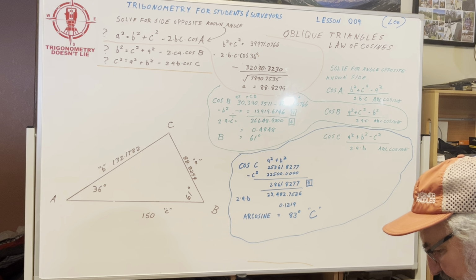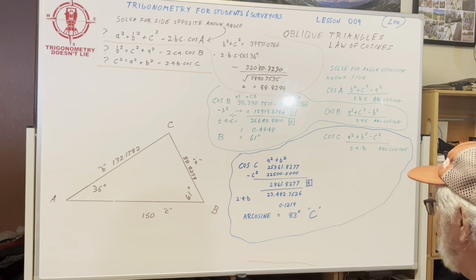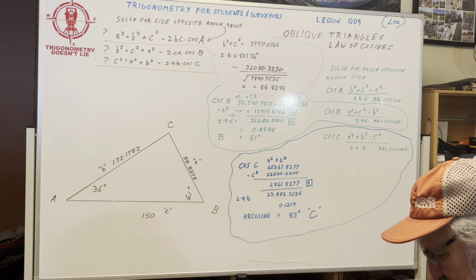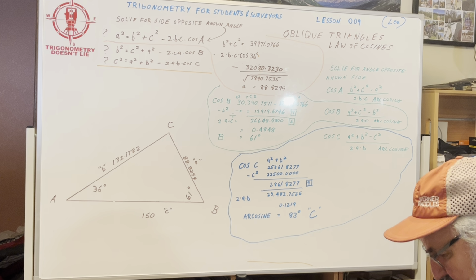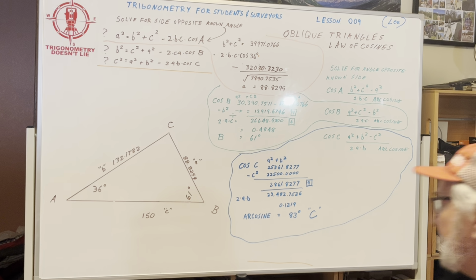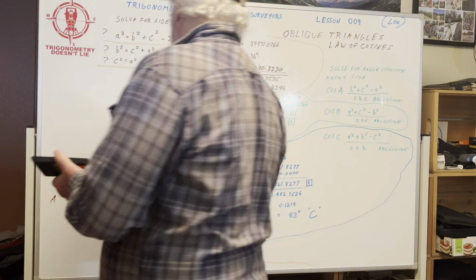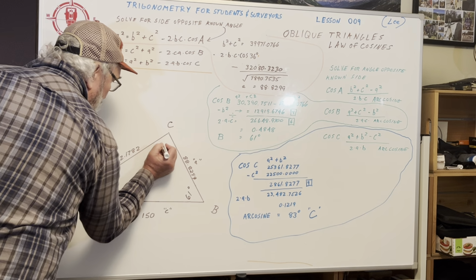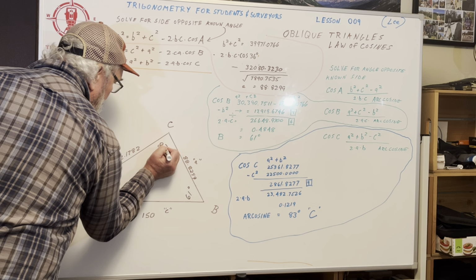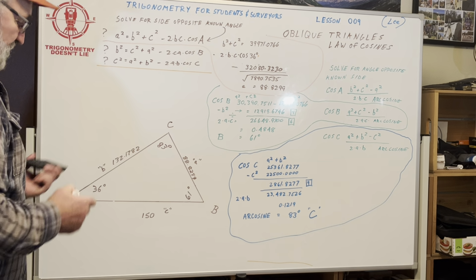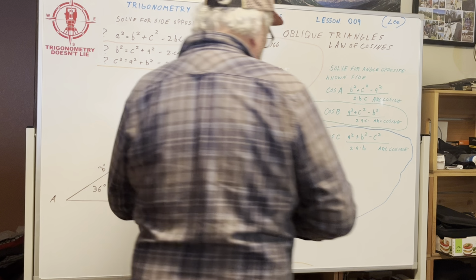Now divide, 0.1219, and now we want the arc cosine, 83. So up here is 83 degrees. And there's no conversion because they're just even degrees.